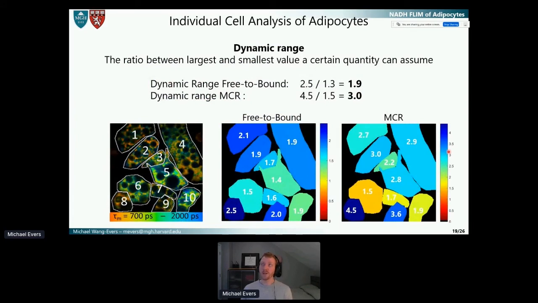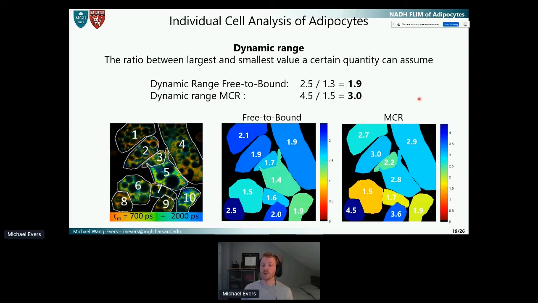And why do we need to have FLIM if we already have the extracellular flux analyzer and we can measure the oxygen consumption rate? One very neat thing about FLIM is you have that visual information. For example, here we can see we have a cell culture and we can look at 10 different cells, and each of these cells has a different free to bound ratio, but also a different MCR ratio, which you cannot do, for example, with the flux analyzer, because you only look at the oxygen consumption rate of the whole cell culture.